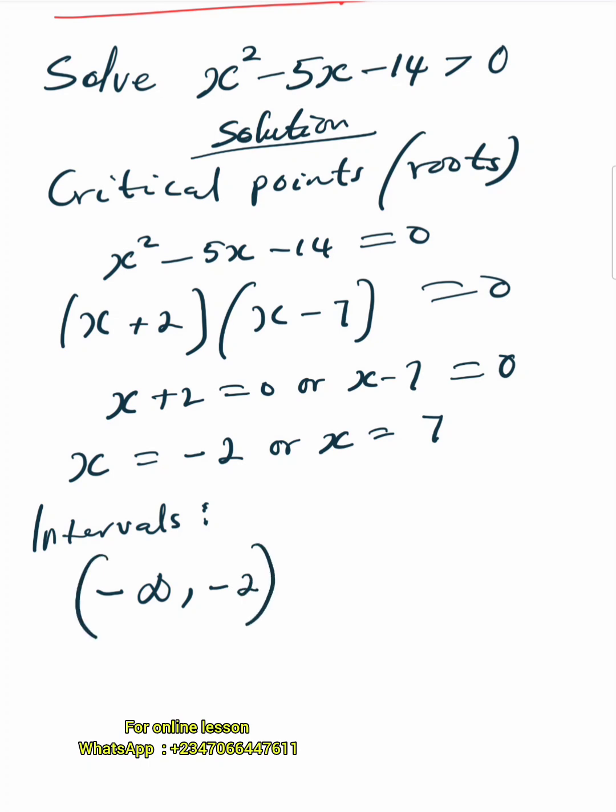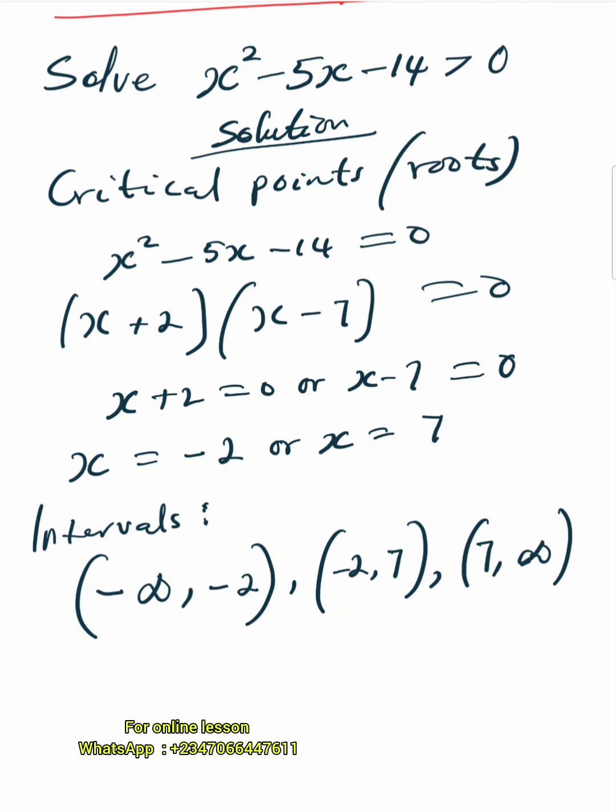After that interval, we look for values where x lies between negative 2 and 7, and check whether they satisfy this inequality. The last one, we test when x lies beyond 7, that is from 7 to infinity. So we're going to be testing these points.